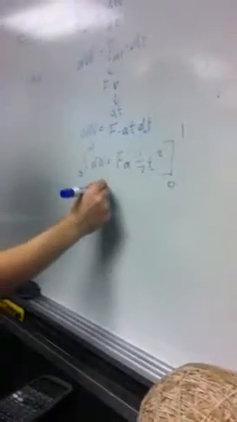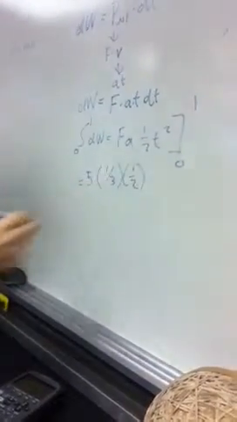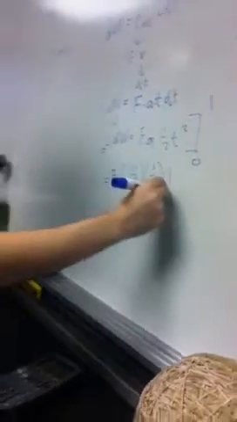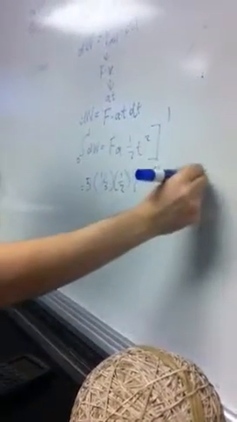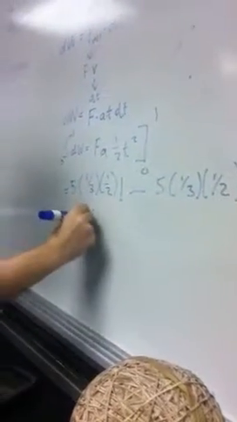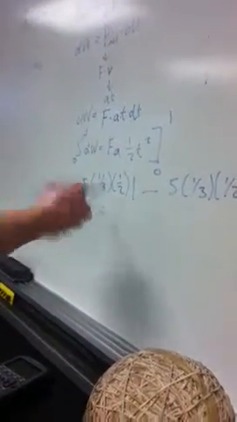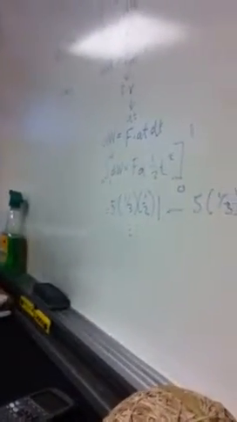So 1/3 times 1/2 times t squared, evaluated at 1, minus the same thing evaluated at 0, which is just 0. So it's 5/6.